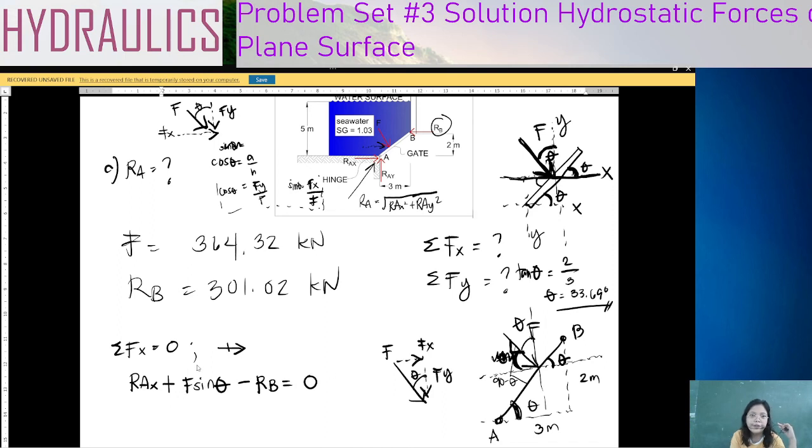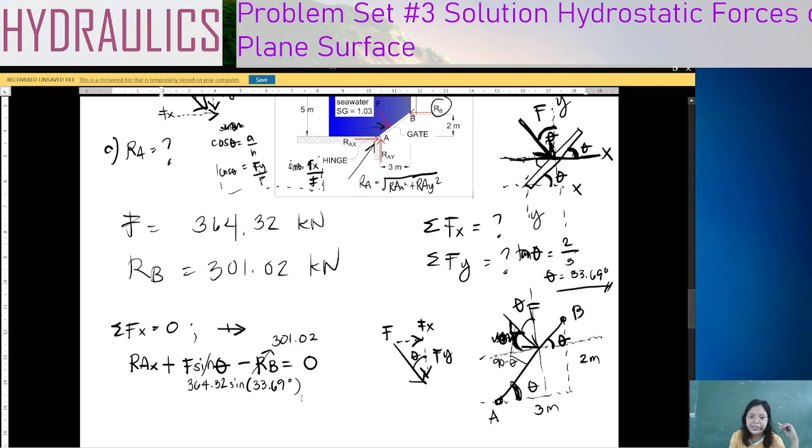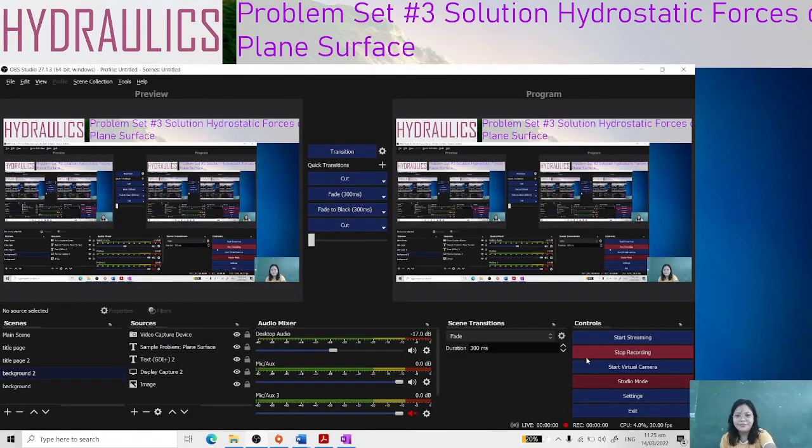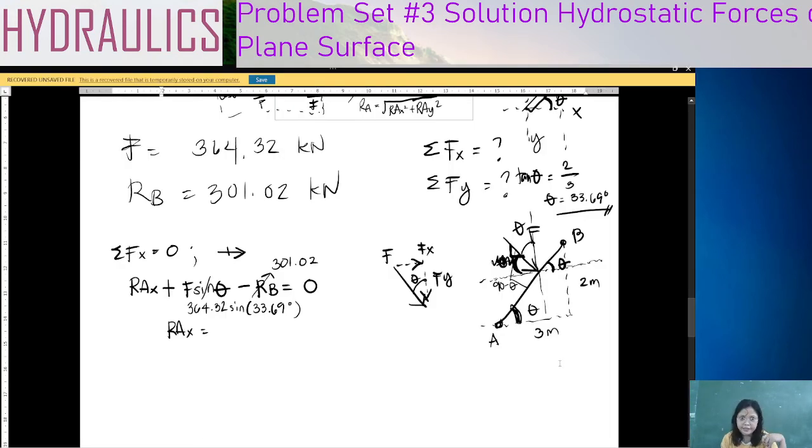So, negative RB is equal to 0. And we have here F. F is 364.32 sine of, ano yung sine? 33. So, sine 33.69 degrees. Tapos RB mo, nakuha natin kanina. So, 301.02. Ang natira natin, nawawala is RAX. So, taking this equation, nakasubstitute na, x plus 364.32 sine 33.69 minus 301.02 is equal to 0.